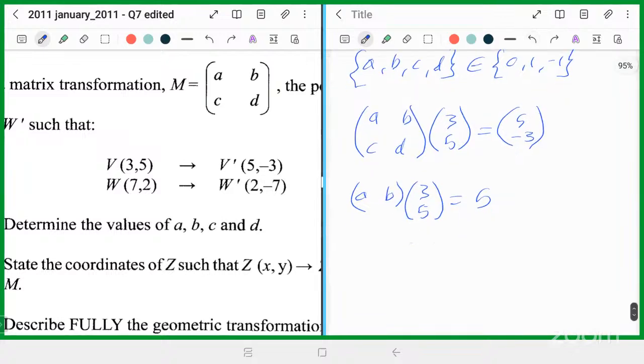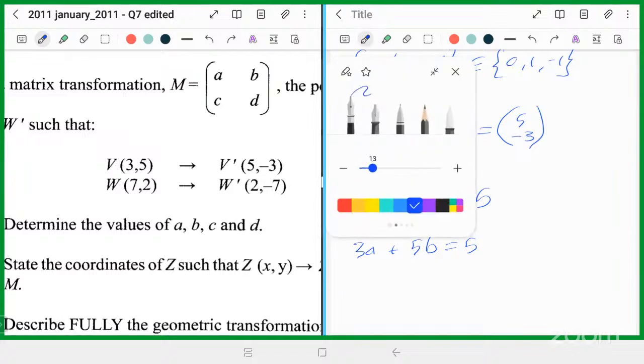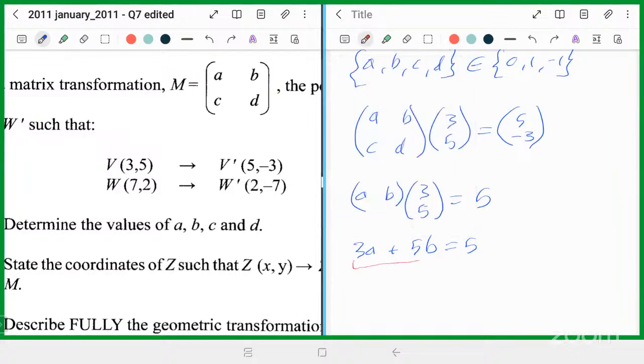If we were to expand it out, it will be A times 3, which is 3A, plus B times 5, which is 5B. That's all equal to 5. So based on this, one of these values must be a 0, and the other one has to be a 1 or a -1. Which of them has to be 0 for the other one to be 1 or -1? By observation, the A has to be 0, doesn't it?